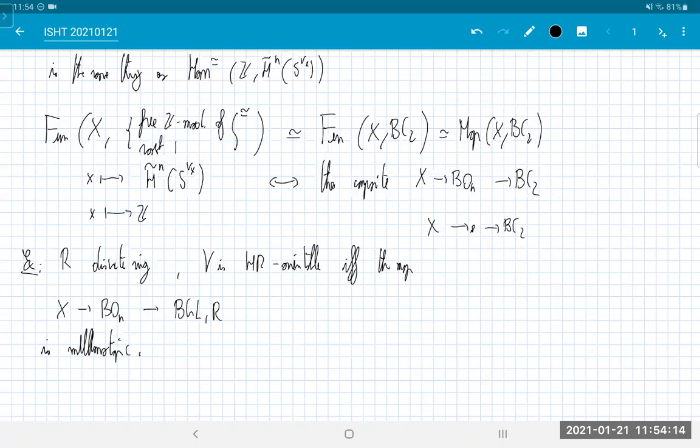And now you can see that when R was F2, well, not much interesting happens. And in fact, secretly, the case of HZ and the case of HF2 are the only two interesting cases, as you probably have seen before.